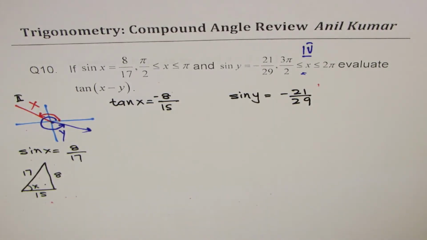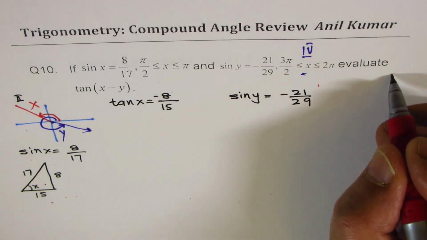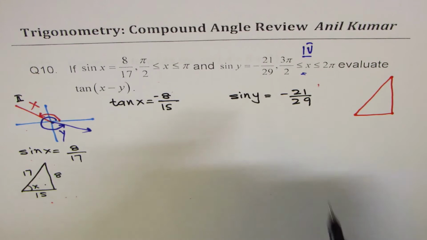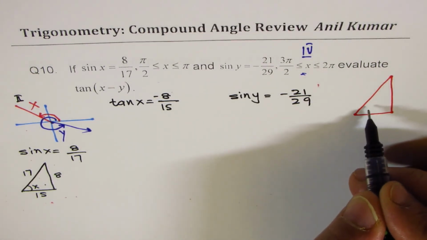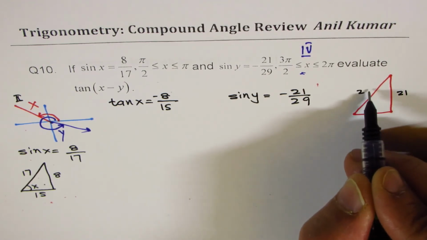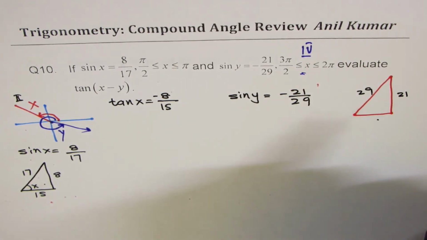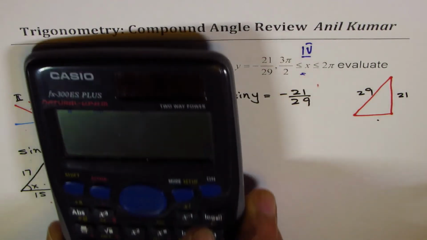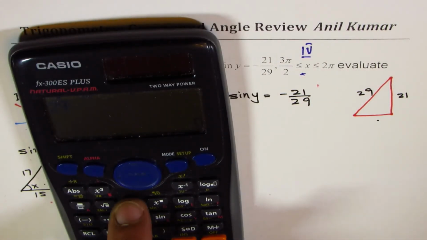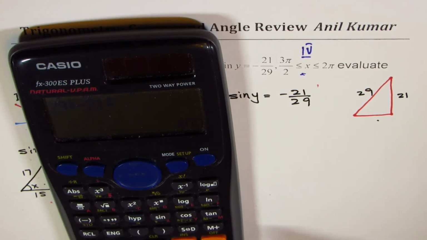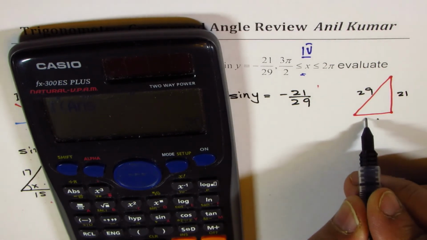So now we are looking into this triangle, and let's say the acute angle will give us 21 over 29. What is this side? We can calculate this side as the square root of 29 squared minus 21 squared, which is 20. So this is 20.